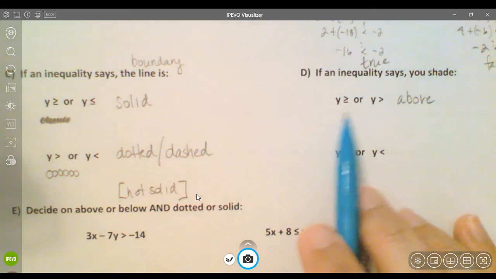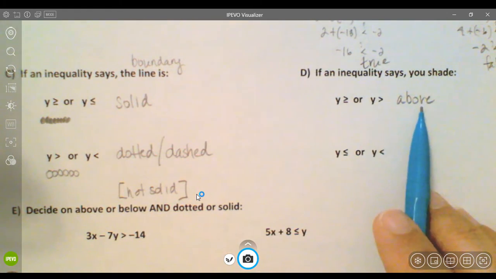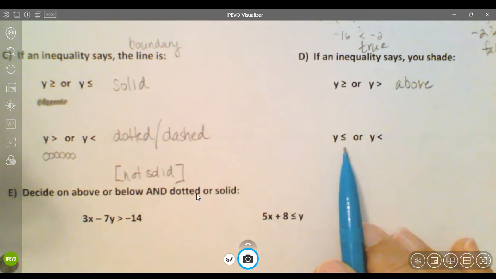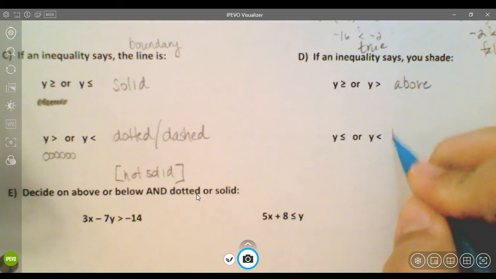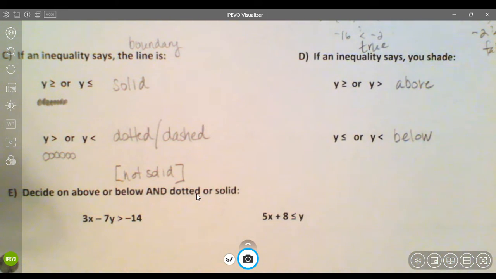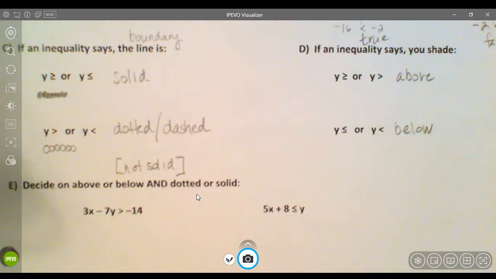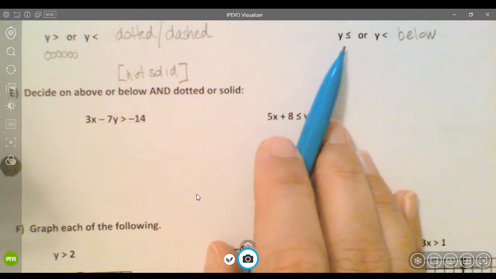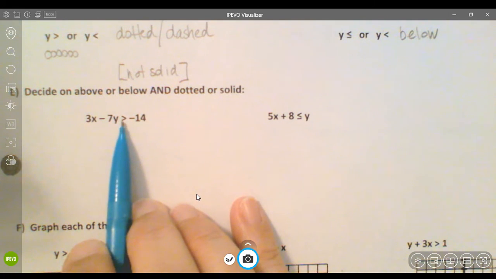And if we see that y is greater than, or y is greater than or equal to, we'll shade above the boundary line. If y is less than or equal to, or y is less than, we will shade below the boundary line.